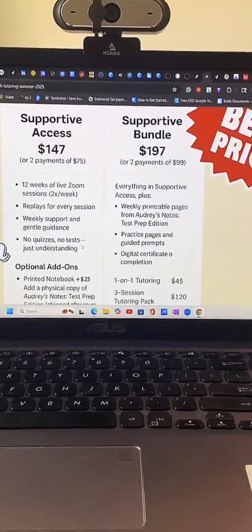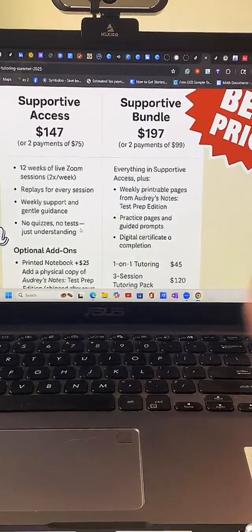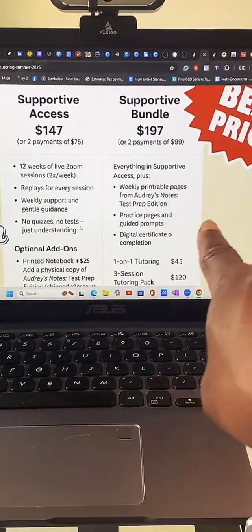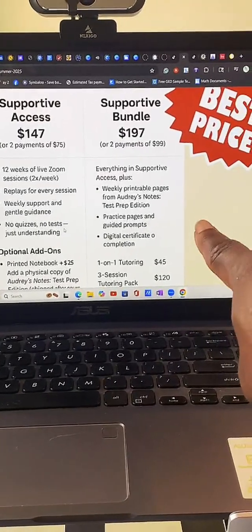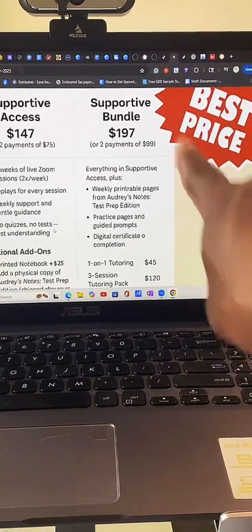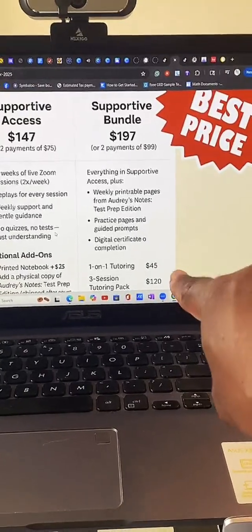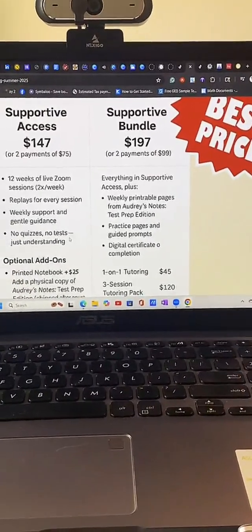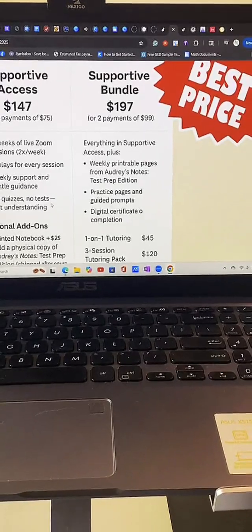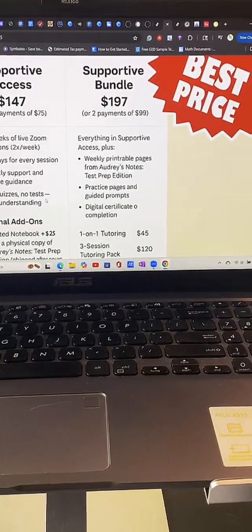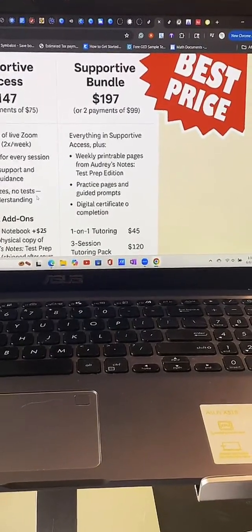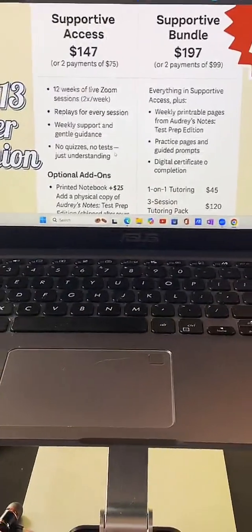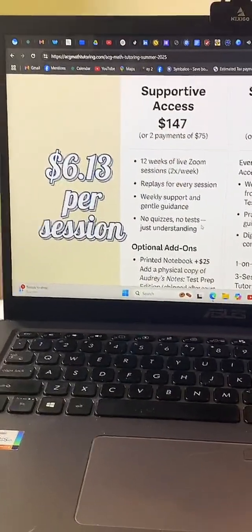And then you can order notebooks, but the difference between the Access and the bundle is if you want to do tutoring, I'm going to add 2 free tutoring sessions with the bundle. But anything after that will be a $45 charge, which, trust me, you may think is expensive, but I normally charge $87 for my one-to-one tutoring.